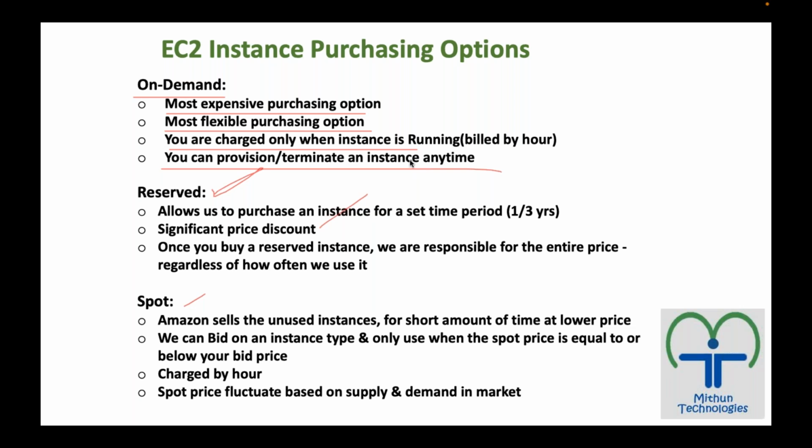So instead of on-demand instances, can I go with reserved instances? Can I create EC2 instances for 3 years or 2 years, start deploying my application on those reserved instances, and make the application available for my end users?